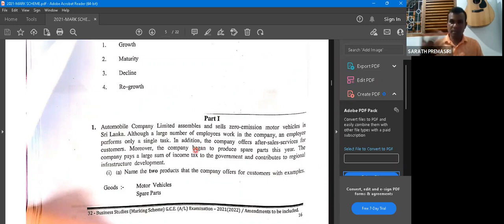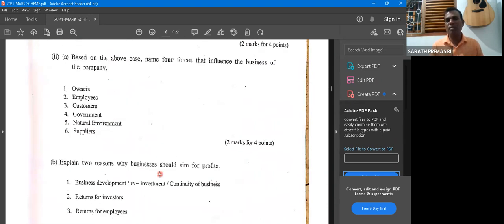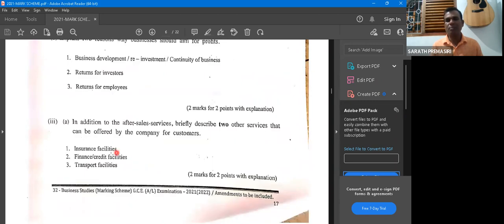They register the vehicle for the customer. That type of things can be given by the company to the customers. Look at that. Supplying insurance facilities, finance or credit facilities, transport facilities, that type of things.